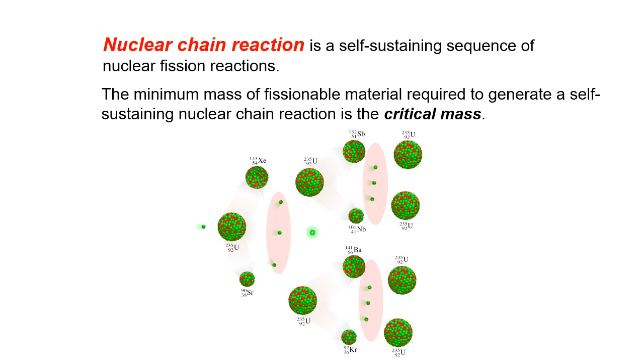Neutron is a particle, it can slow down. So this uranium will split into antimony and niobium. This will split into barium and krypton. But again, they'll be making 3 more neutrons, and the reaction will continue.